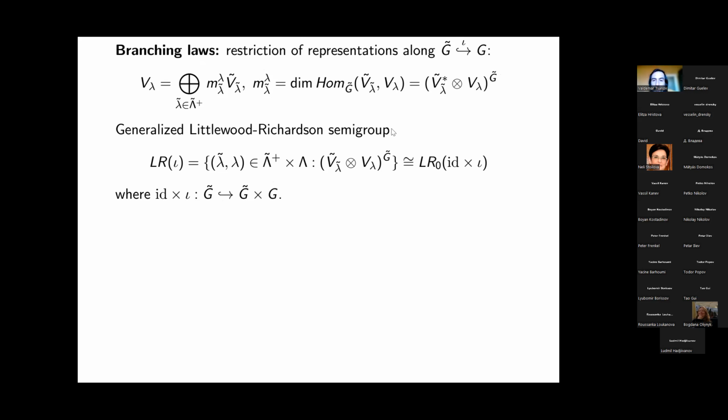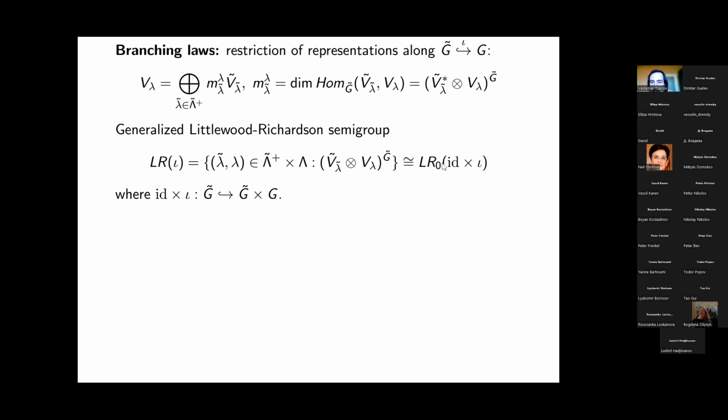So the Littlewood-Richardson semigroup without a zero, this is the more classical one, and the classical one will come right away. So these are pairs of highest weights, so that this is non-zero. Again, a typo, I'm sorry. This should be that this space is non-zero. But now that I'm acting here and I have this product group, this product of Weyl chambers is just the Weyl chamber of the product group.